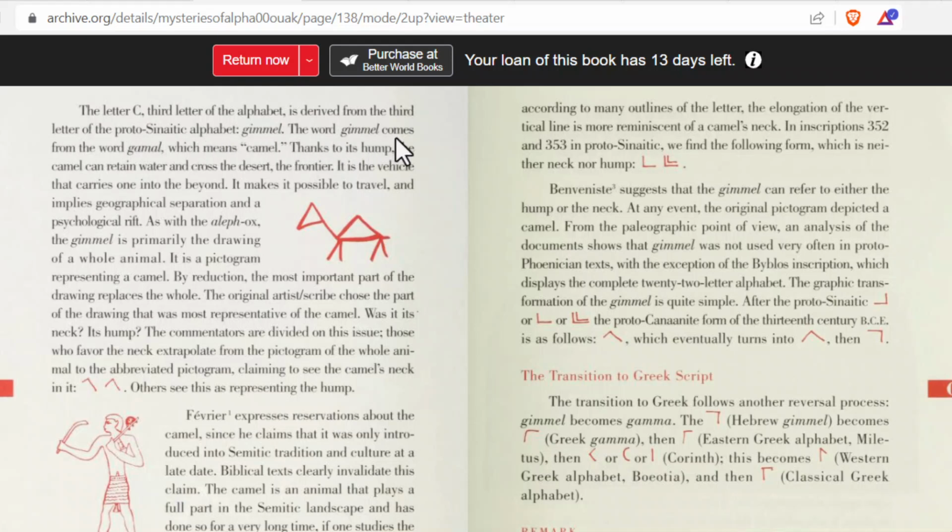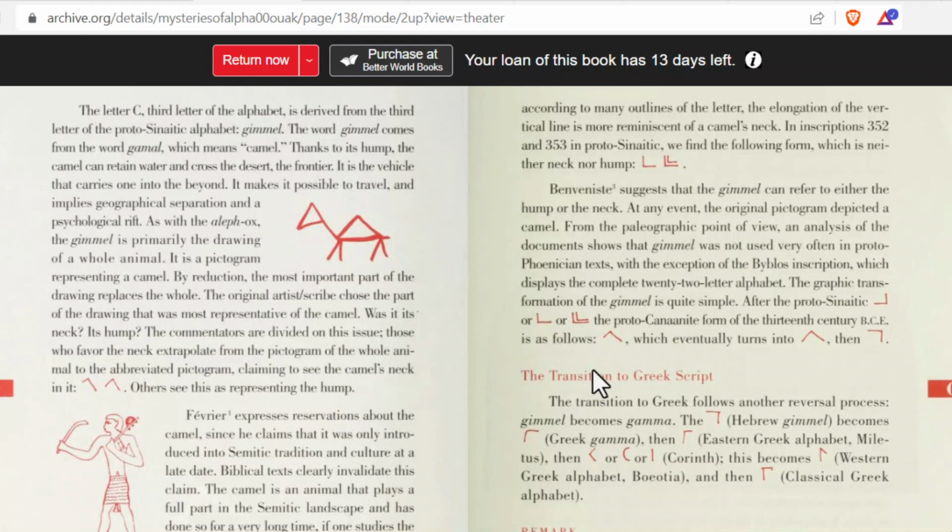The word Gimel comes from the word Gamel, which means camel, thanks to its hump. The camel can retain water and cross the desert, the frontier. It is the vehicle that carries one into the beyond. It makes it possible to travel and implies geographical separation and a psychological rift.